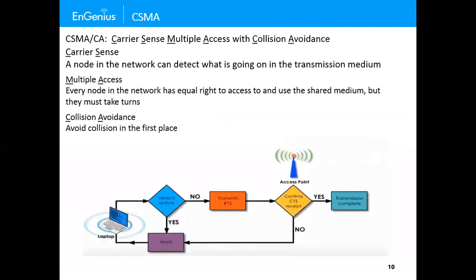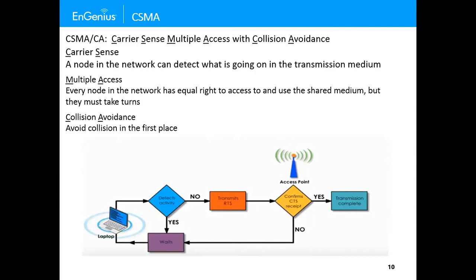So now we're going to talk about the EnJet technology. Before we talk about TDMA, we want to give you some information about CSMA. CSMA is carrier sense multiple access, and CA is collision avoidance. Before the node transmits data, it checks or listens to the medium. When the medium is not busy, the node sends the signal.